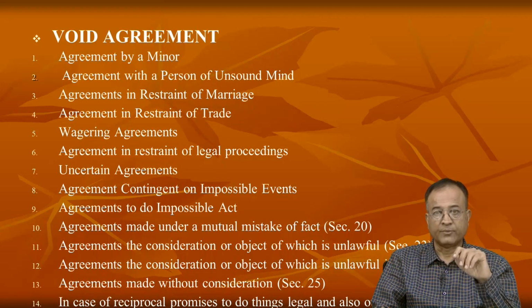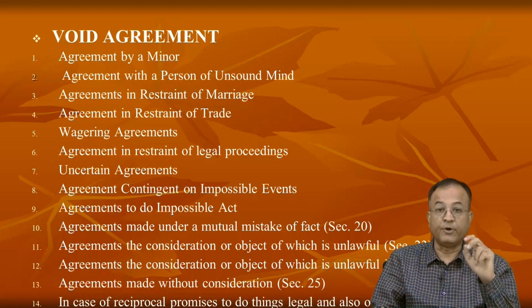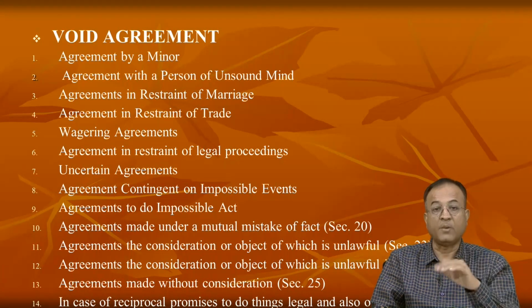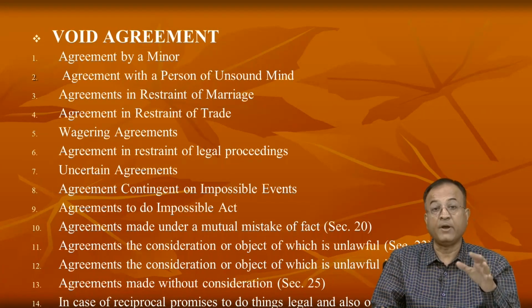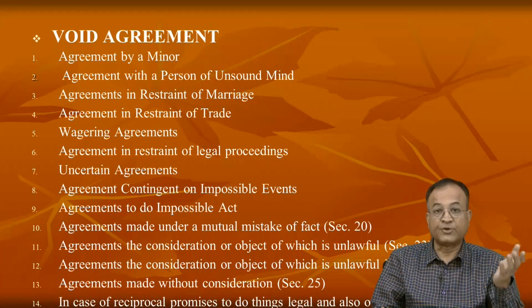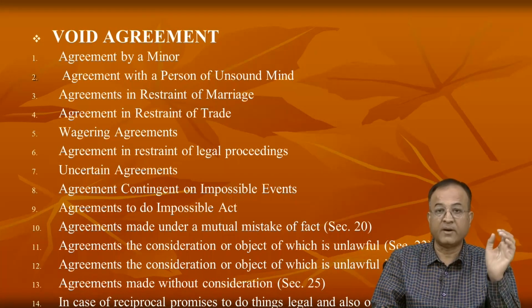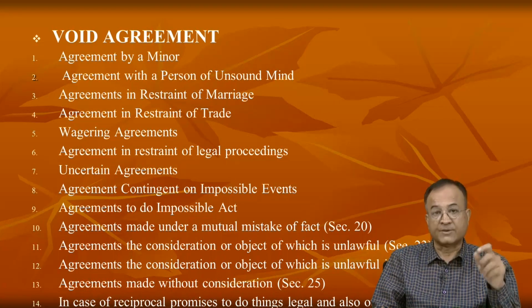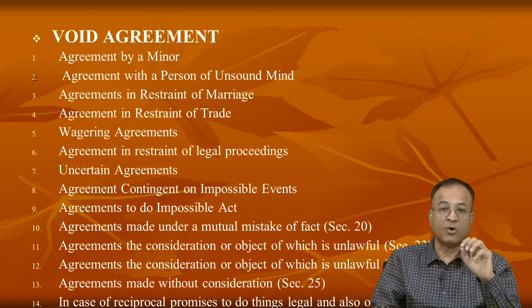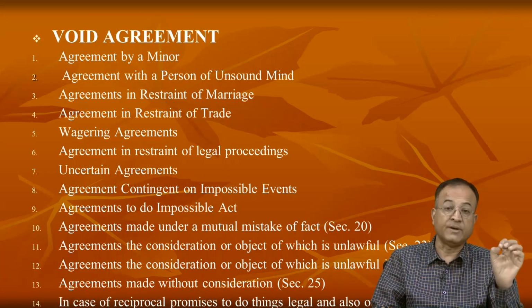Fifth, wagering agreements. An agreement between two persons under which money or money's worth is payable by one person to another on the happening or non-happening of a future uncertain event is called a wagering agreement. Such agreements are chance oriented and therefore completely uncertain.